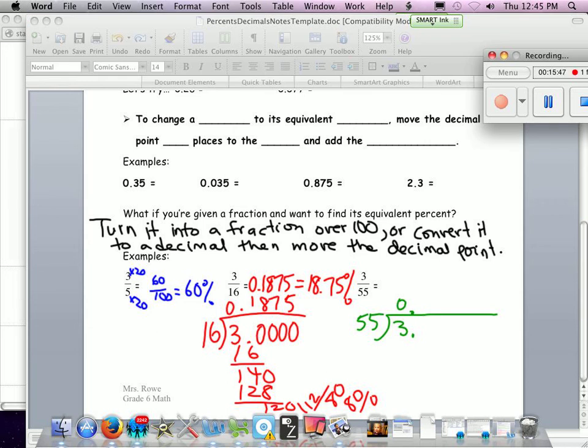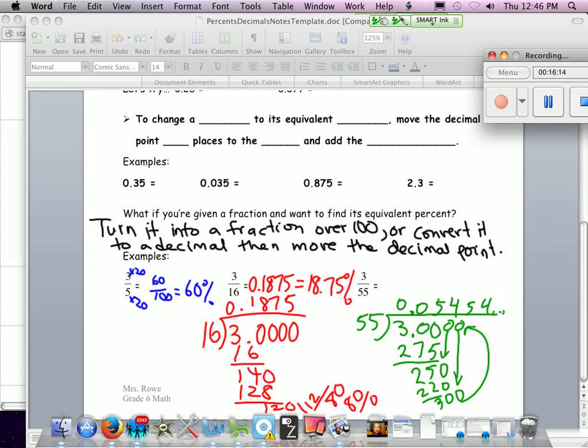When I get to here, I say that goes in 5 times. 275, I think. So I subtract, I get 25. I'll bring down a 0. That goes in 4 times, but that's 220. So that's a 30. Then when I bring down a 0, I'm going to be like, wait a minute, I already did that. And it happens again, and again, and again.